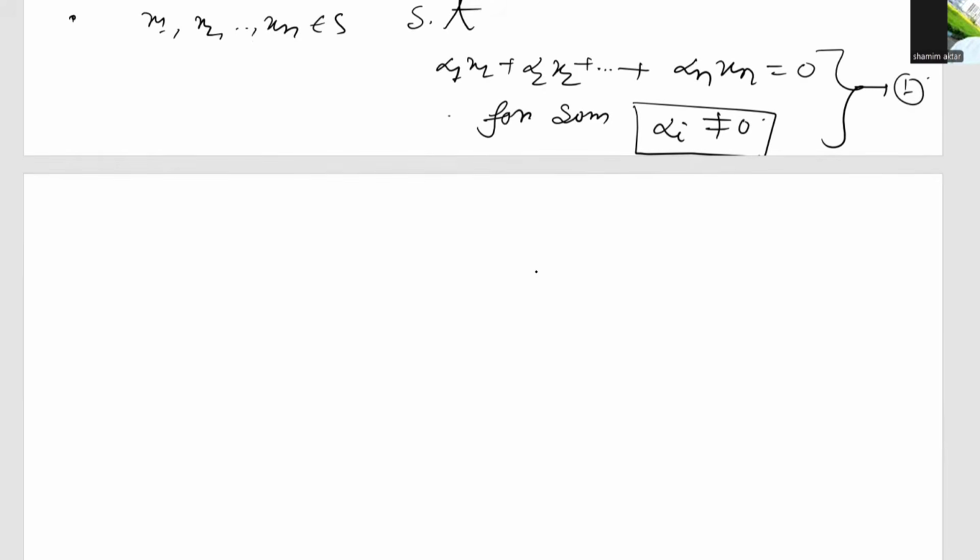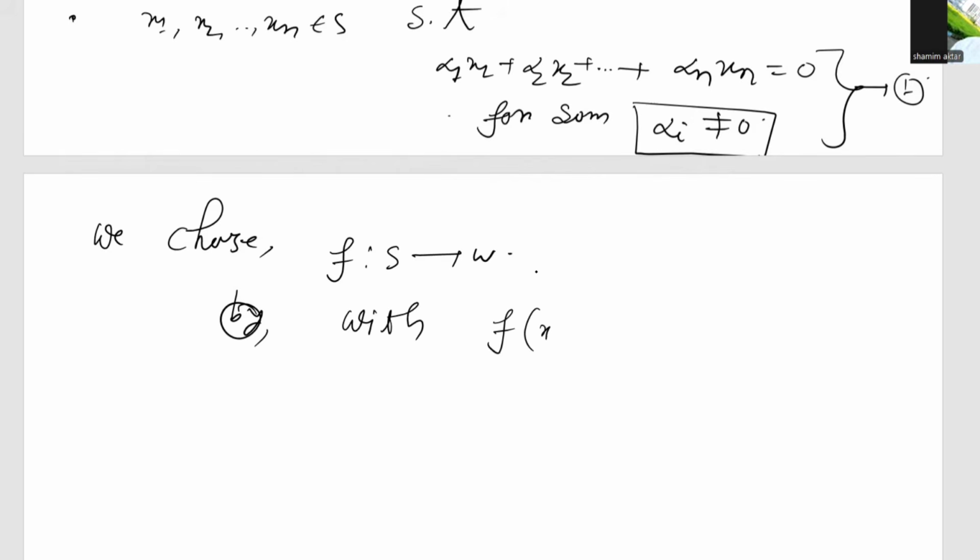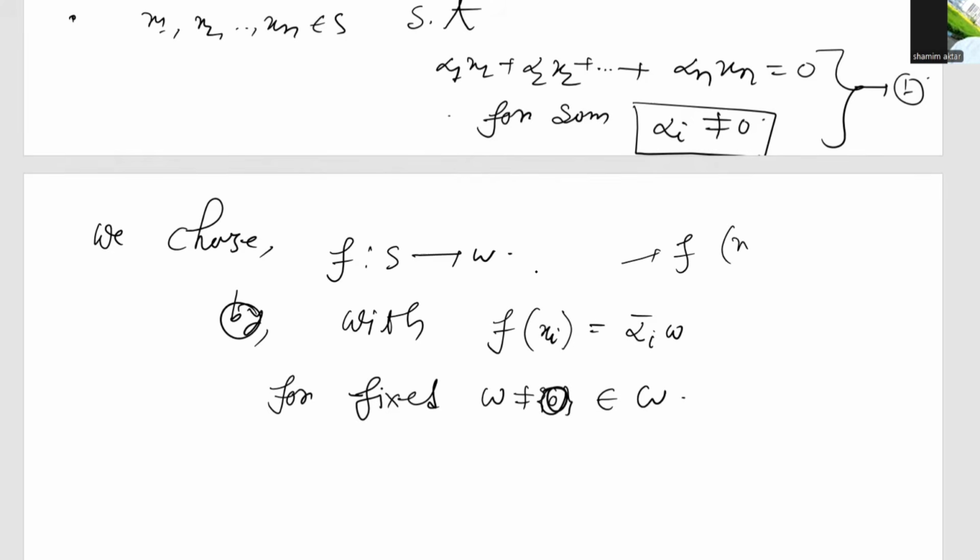So we choose f from S to W with some property: f of xi maps to alpha i conjugate times w, for a fixed w that is a non-zero vector belonging to W. And for other elements, suppose f of x belongs to W anywhere, where x is not equal to xi.